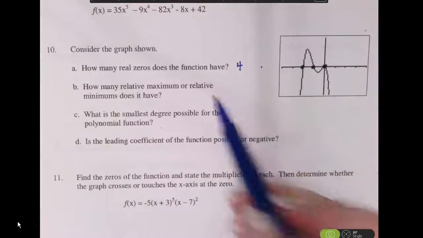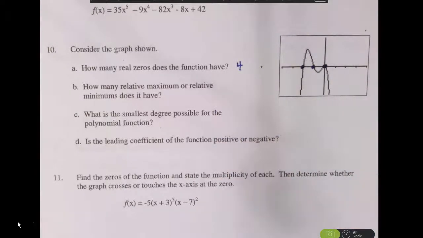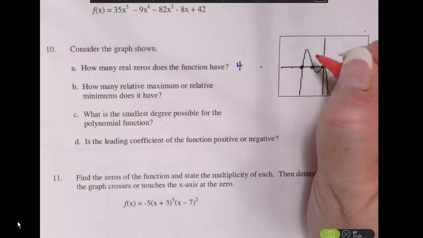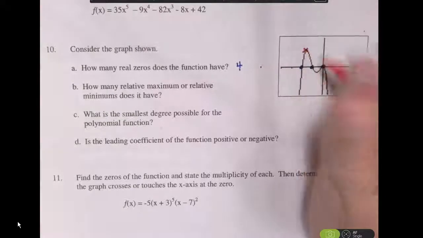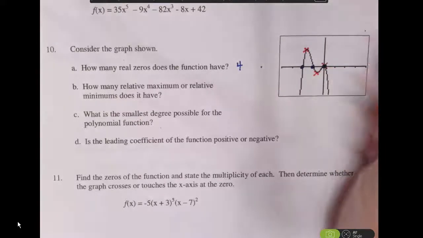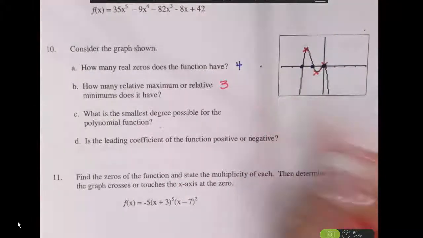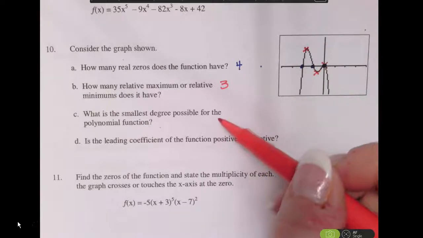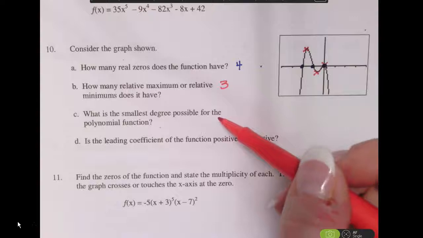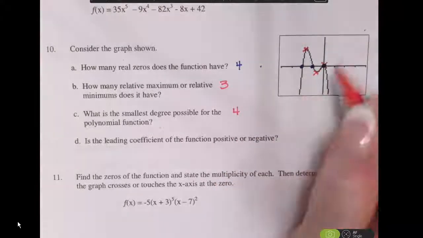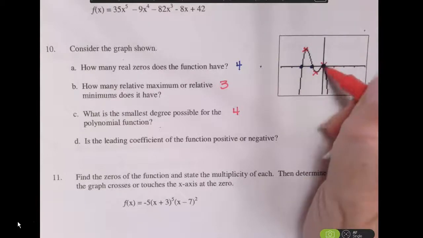So that's 4 real zeros. How many relative minima or maxima does it have? So here's a max, here's a min, and here's another max again. So that's 3. So the smallest degree possible would be a degree of 4, because we know we have 4 real zeros.